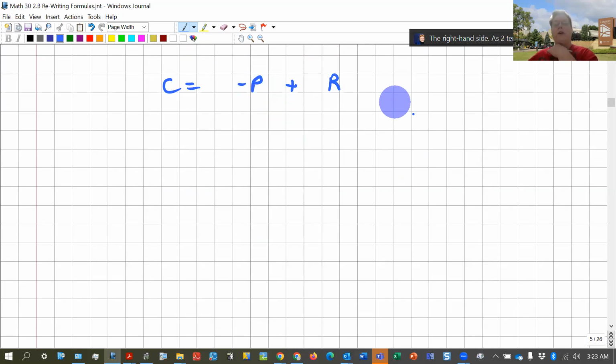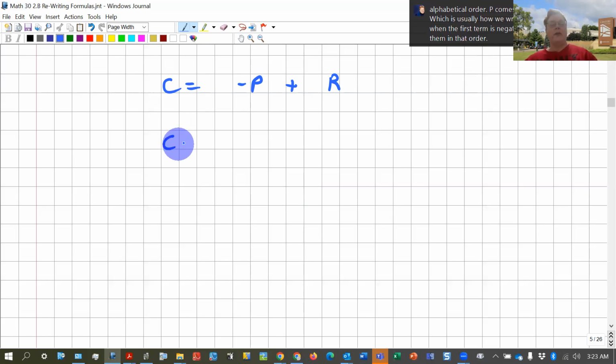They're in alphabetical order. P comes before R in the alphabet, which is usually how we write things. But sometimes when the first term is negative, we choose not to write them in that order. And so someone else might say, okay, I'm going to rewrite this now as R plus the opposite of P, which would be the same as R minus P.